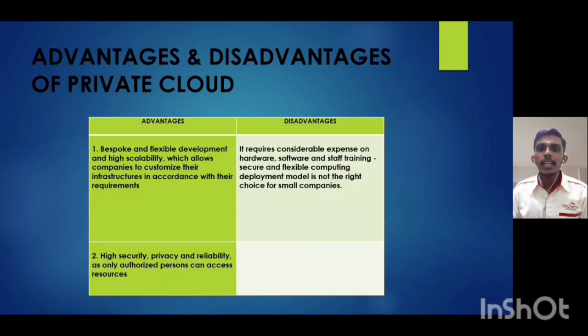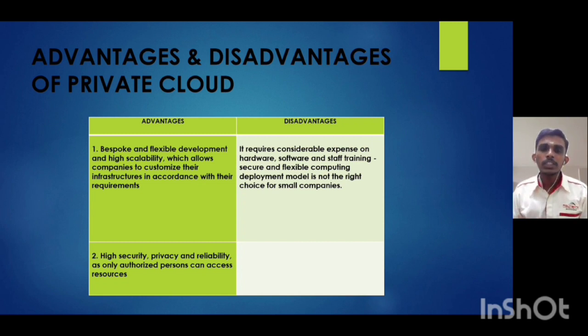The advantages of private cloud are bespoke and flexible development and high scalability, which allow the company to customize their infrastructure in accordance with their requirements. The second advantage is high security, privacy, and reliability, as only authorized persons can access the resources.